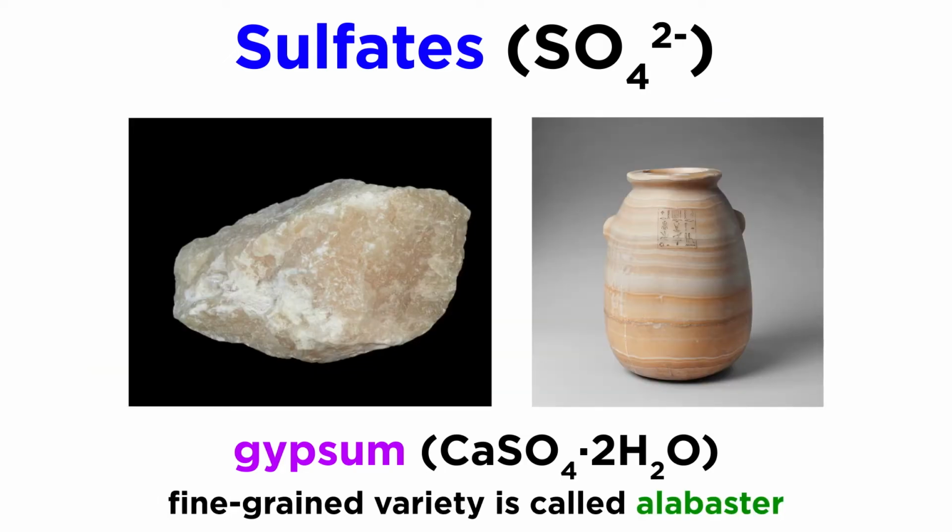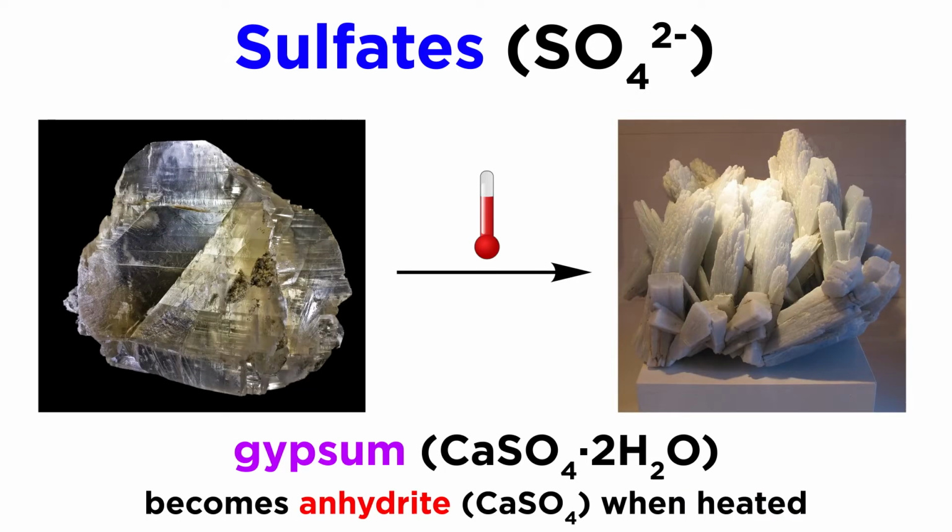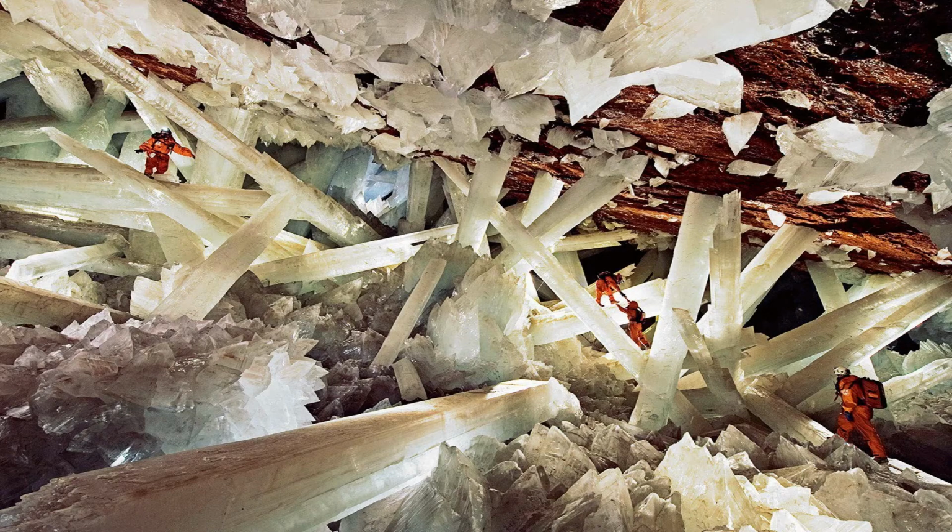The fine-grained variety of gypsum, called alabaster, appears in canopic jars from ancient Egypt. Gypsum can be dehydrated into anhydrite, or calcium sulfate, when heated, and the 2 minerals are often closely associated. Like calcite, gypsum and anhydrite can be precipitated from evaporating seawater and dissolved out of bedrock to form large caves.